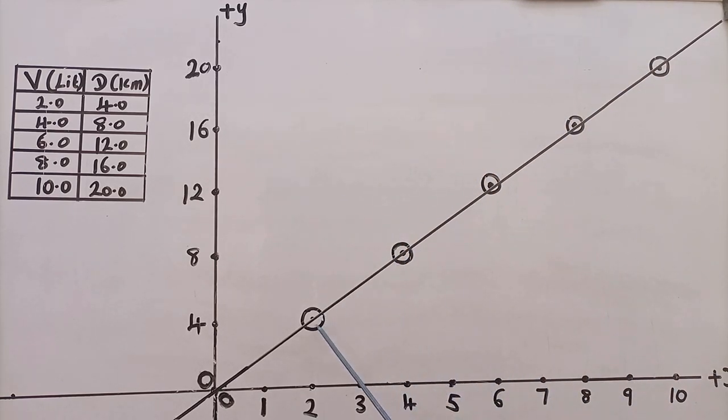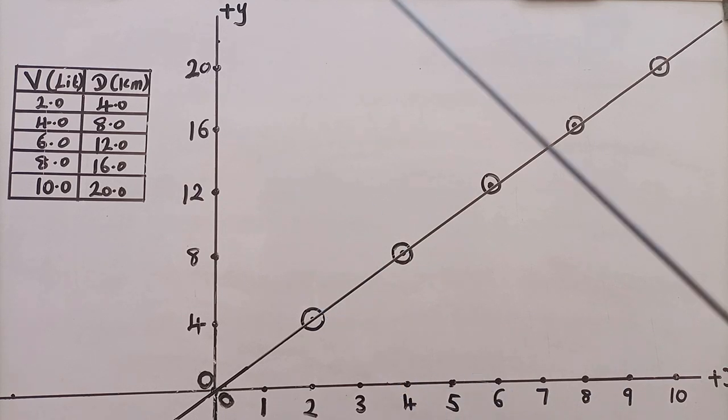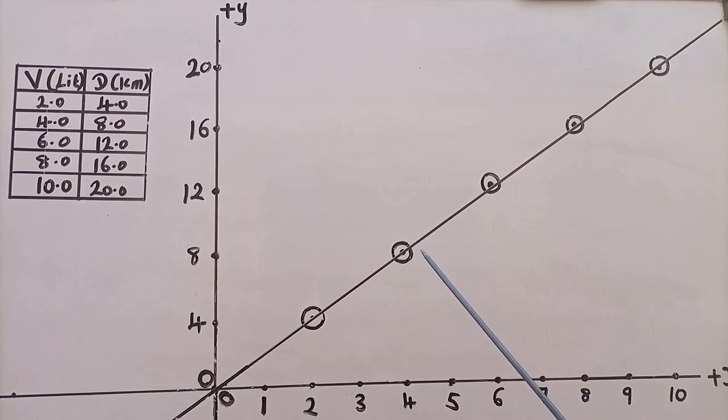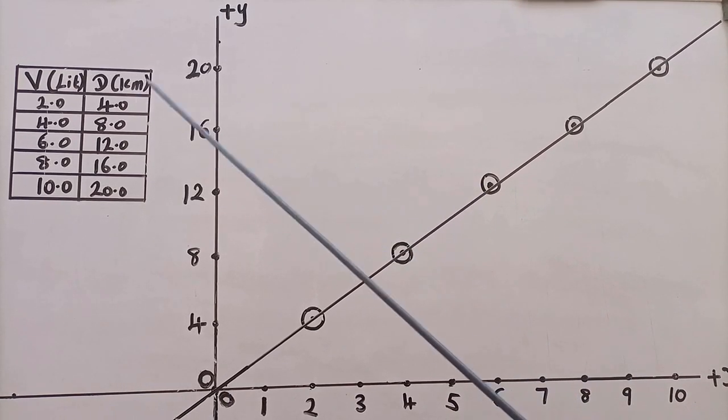These are the only ones that were found in the table. But with this sketch on the plane, we can estimate the distances that other volumes not shown in the table can travel.